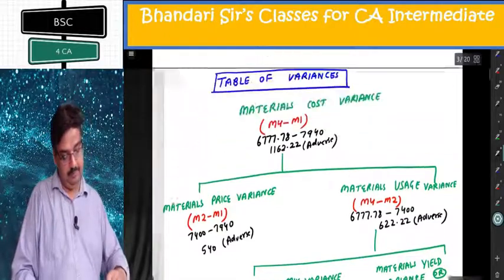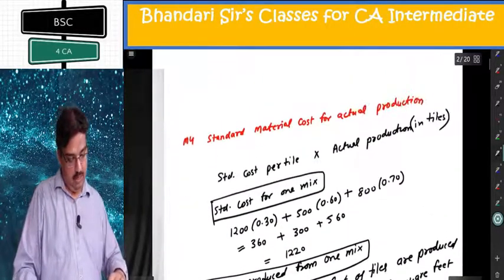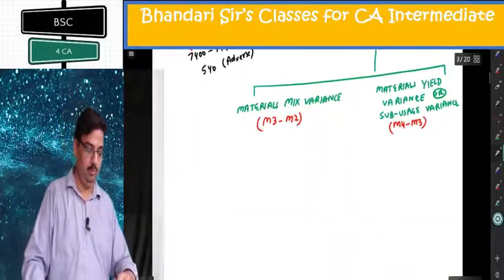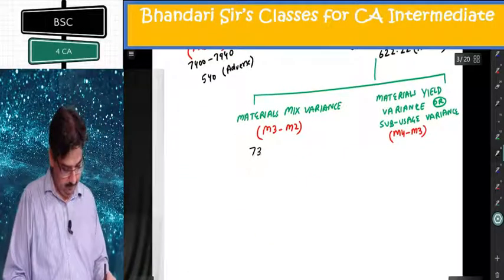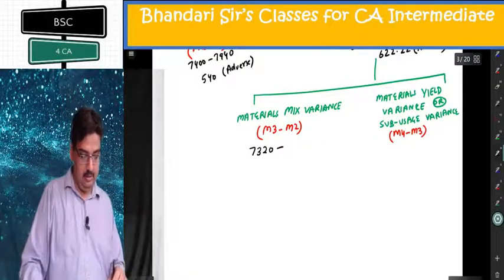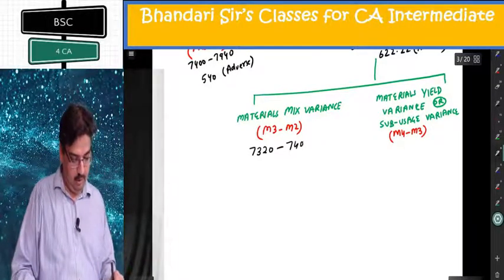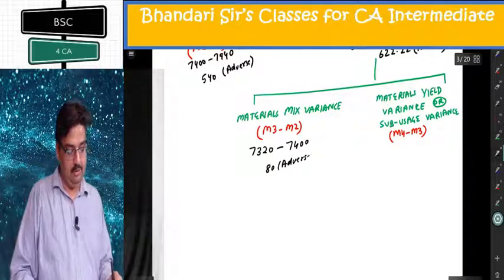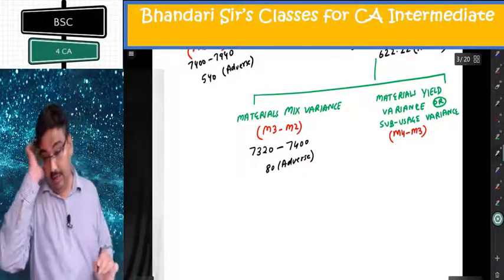M3: we had M3 of 7320 minus 7400, 80 adverse.